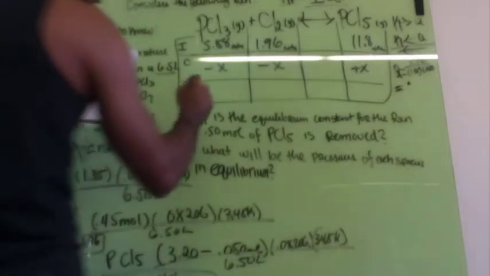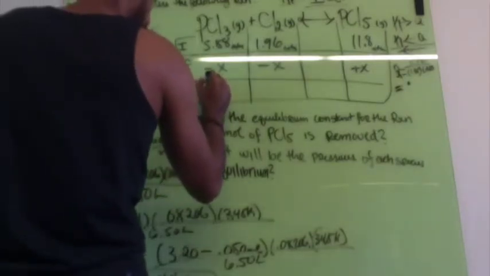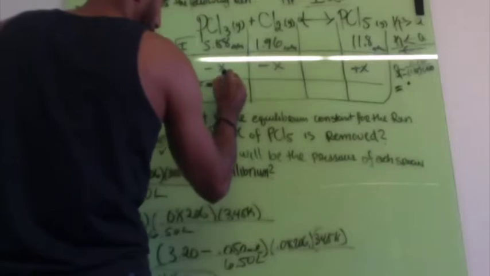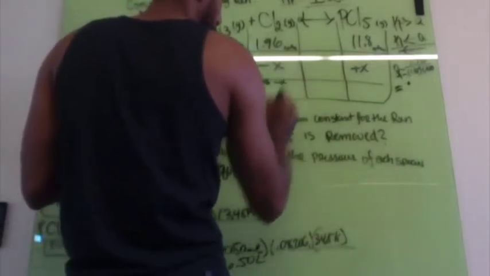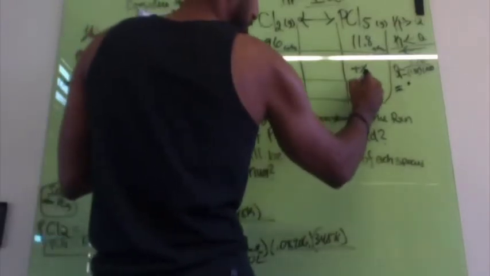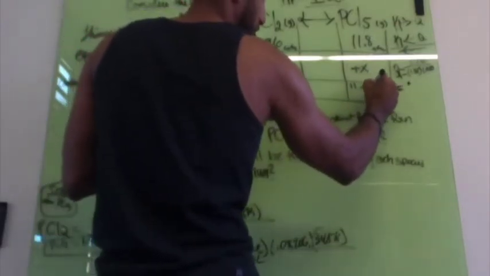And here we'll have 5.88 minus x, 1.96 minus x, and we'll have 11.8 plus x.